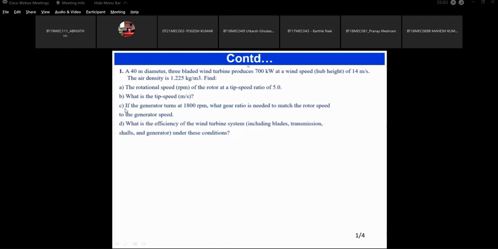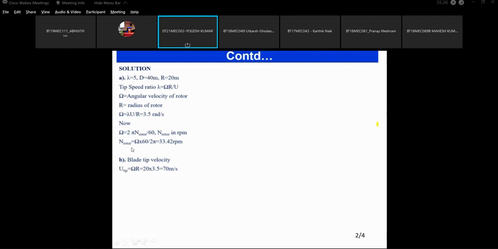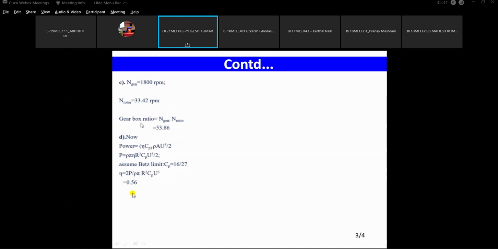Now in part C, if the generator turns at 1800 RPM, what gear ratio is needed to match the rotor speed to the generator speed? Here generator RPM is given 1800 RPM, so we have to find gear ratio. We calculated RPM of rotor 33.42. We can calculate gear ratio from the formula N generator divided by N rotor, RPM of the generator divided by RPM of the rotor.